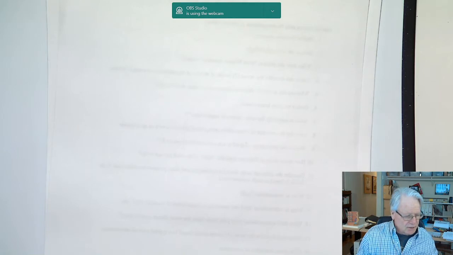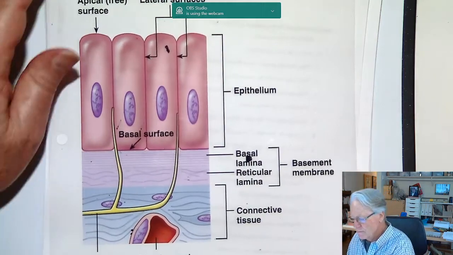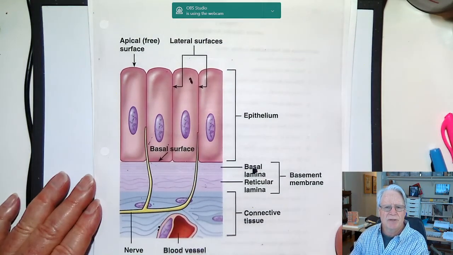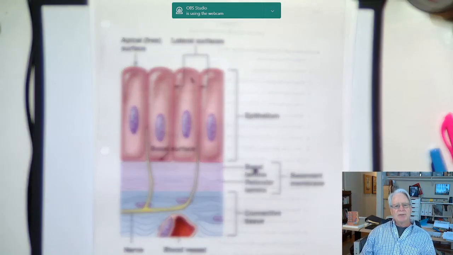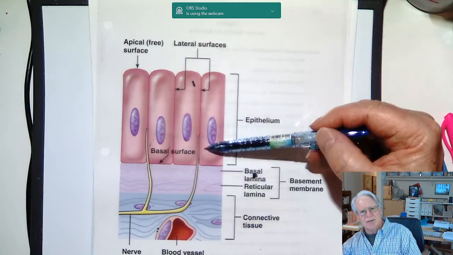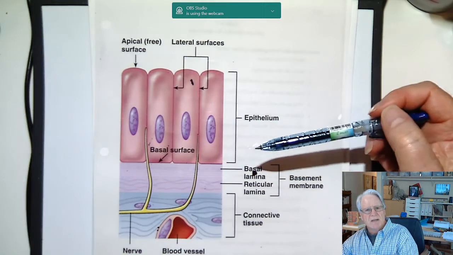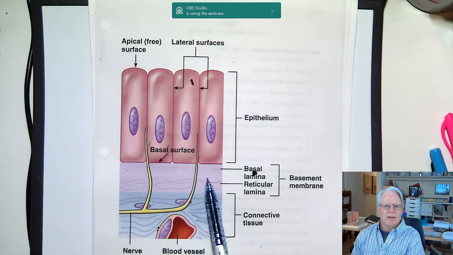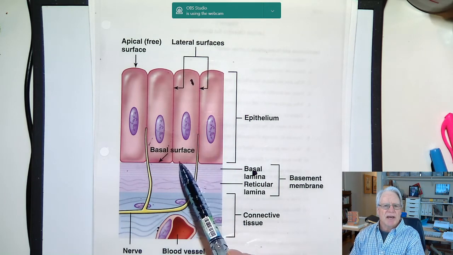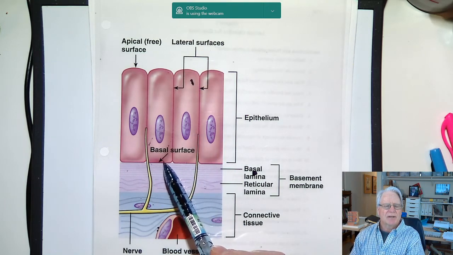Alrighty. So let's reinforce some of the ideas we've talked about using some nice drawings here. So here is our first image, and this is going back to what we had talked about before. So if you can see, we have closely packed cells, and they are attached to a basement membrane. And because they're attached, we can identify specific orientation.